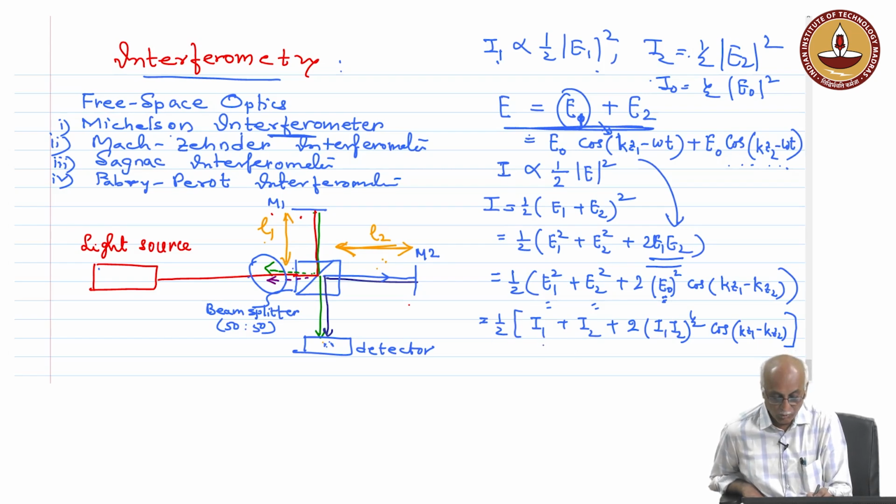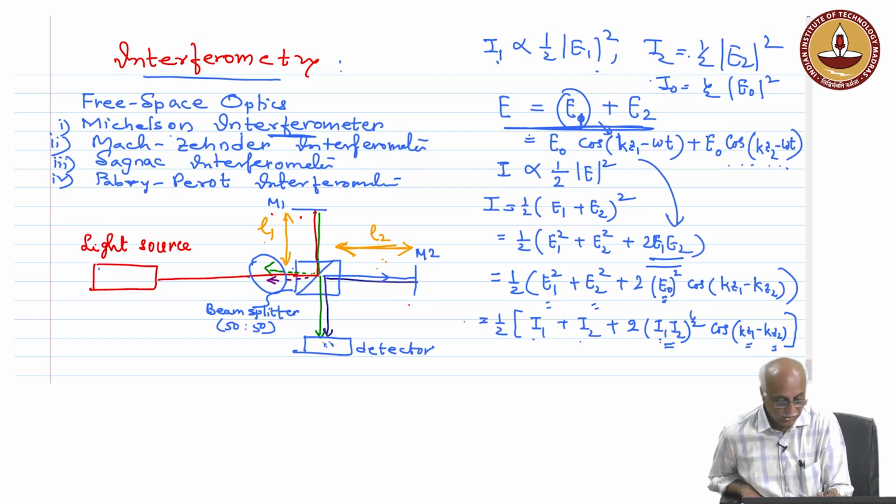Now what you can see here is when Z1 and Z2 are equal, it will add up overall. I1 and I2 are equal, so what will be the outcome? I1 plus I2 plus, since I1 and I2 are equal, 2I, so 4I.